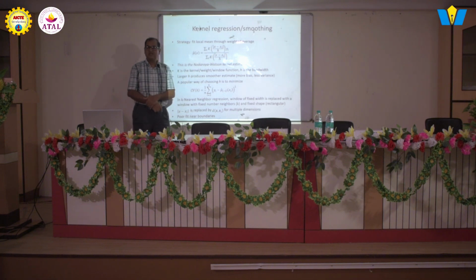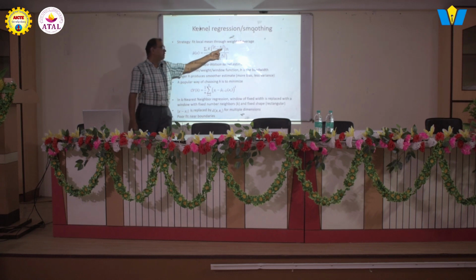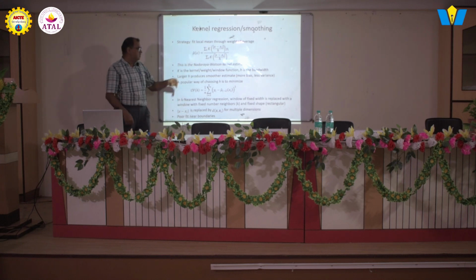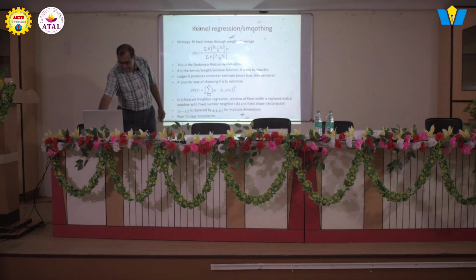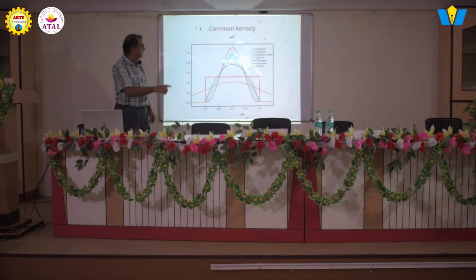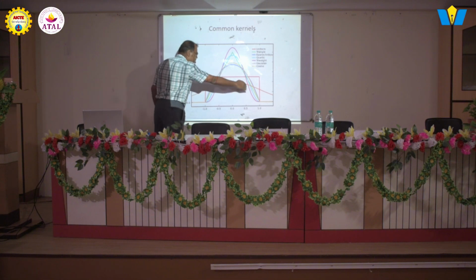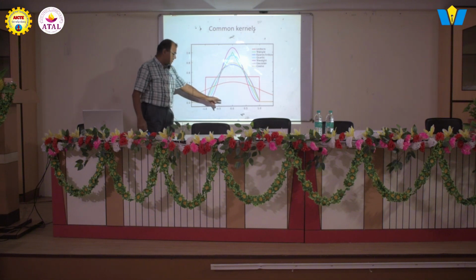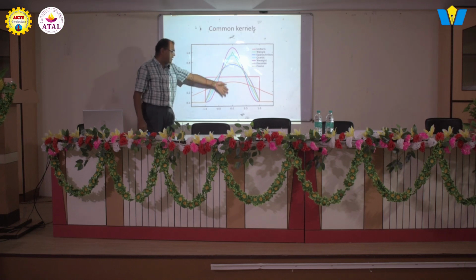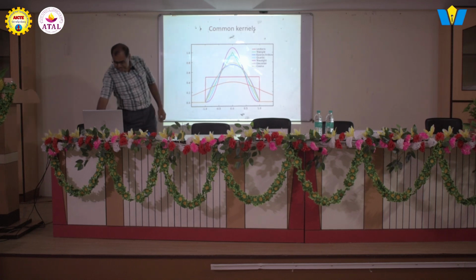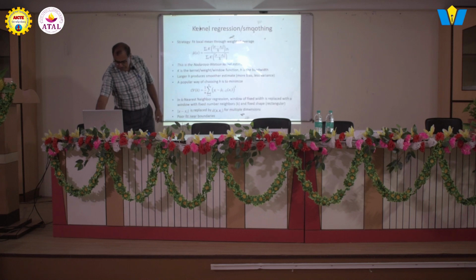The weights are large if the xi corresponding to this yi is close, and otherwise it is small. So how does that happen? This k is a function that looks like this. That k is less for arguments away from 0 and has a larger value when the argument is equal to 0 or close to 0.